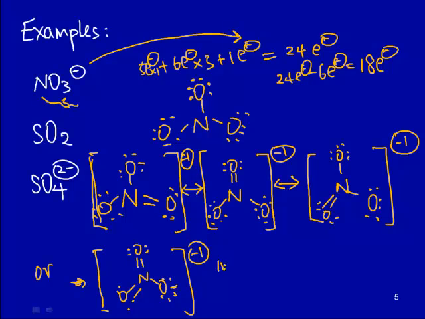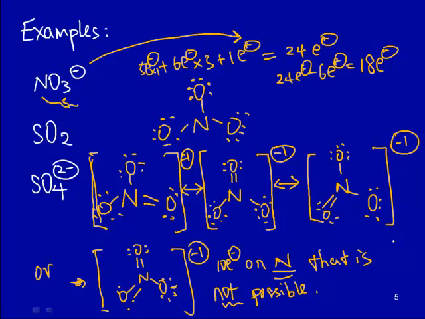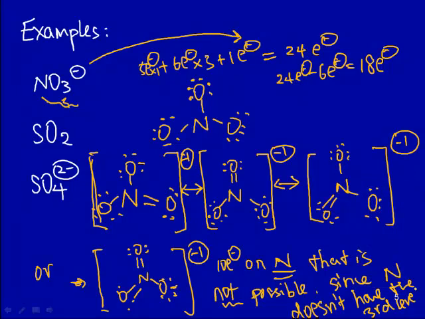So now you have 10 valence electrons on nitrogen, and that is actually not possible, since nitrogen doesn't have the third level.